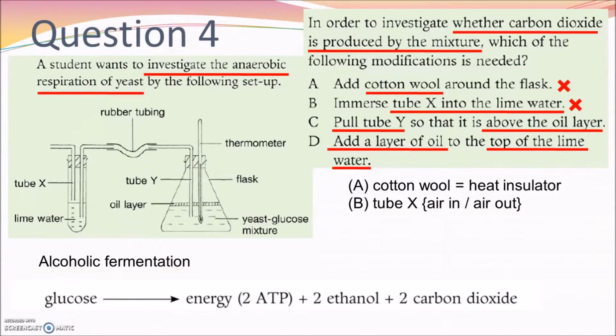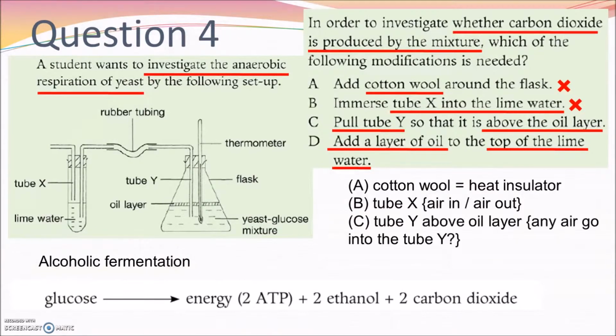For option C, it's talking about pulling the tube wide so that it's above the oil layer. Remember that we are going to transfer the gas produced from the right hand side to the left hand side. So there must be a tube to let the air go along the tube to the left hand side.